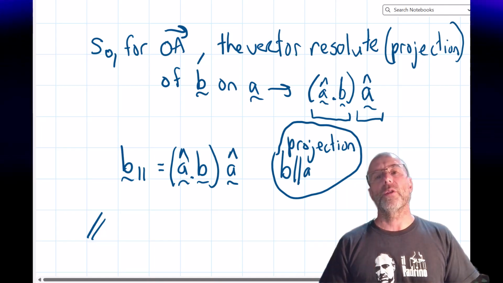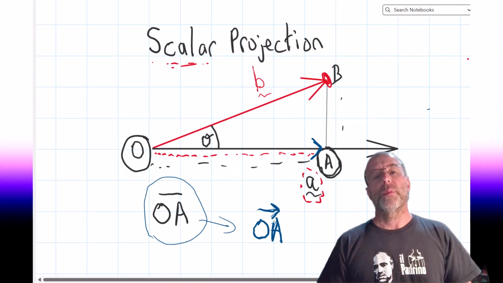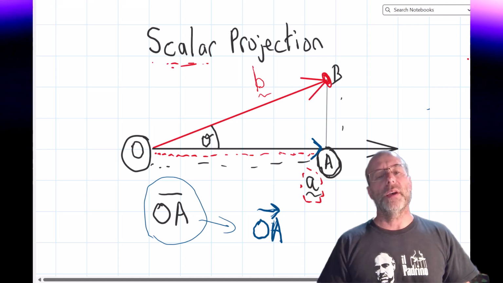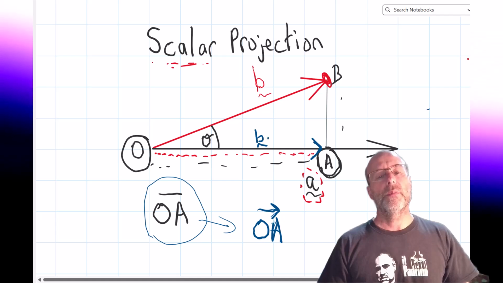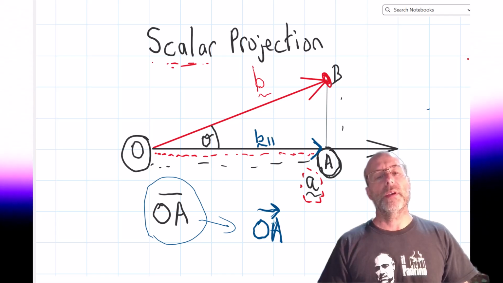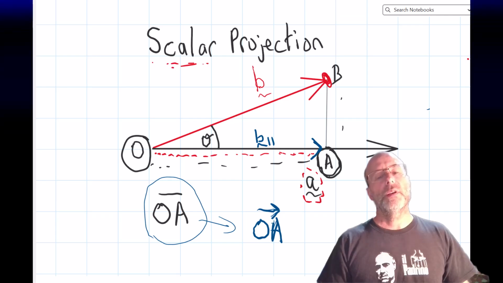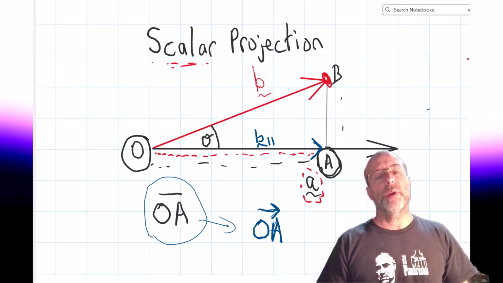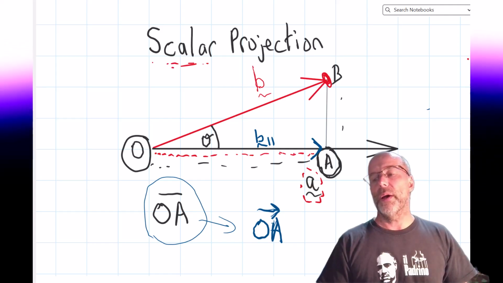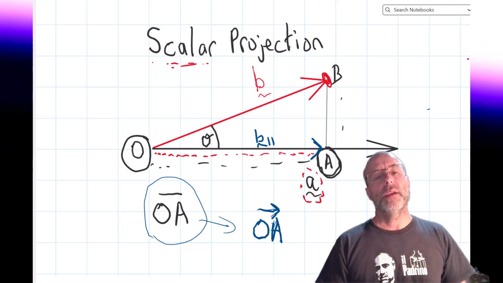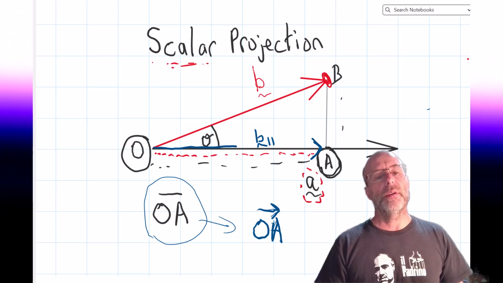Let's take a look back at the diagram now. Because it's B parallel to A, we can call this part here the same thing. It's parallel to A, so there we have the parallel symbols there. So it's the resolute of B parallel to A, and it's this same vector OA all the way along.